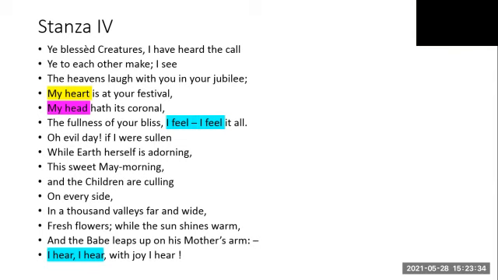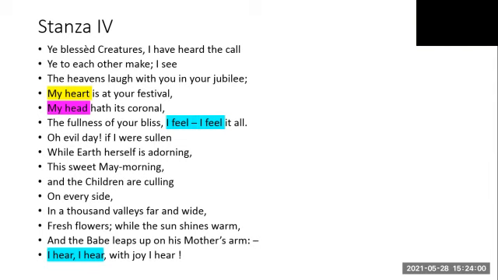Oh, evil day, if I were sullen while earth herself is adorning this sweet May morning, and the children are culling on every side in 1,000 valleys, far and wide, fresh flowers.